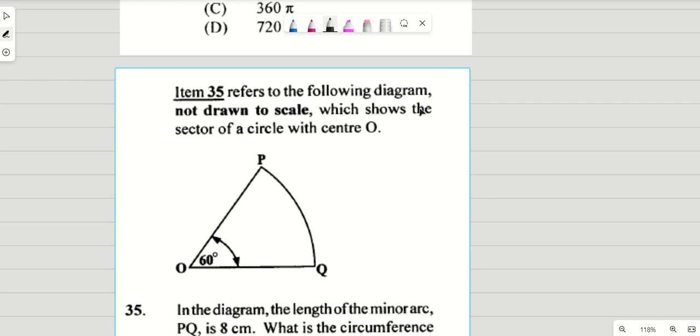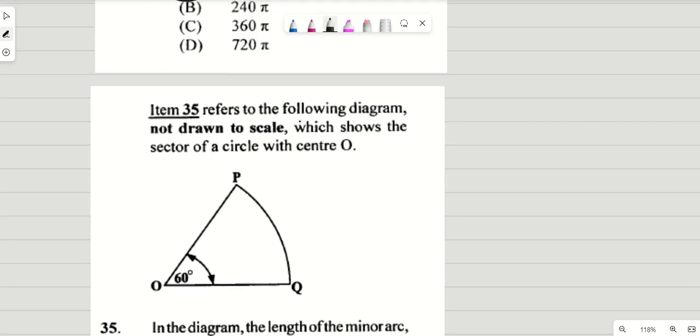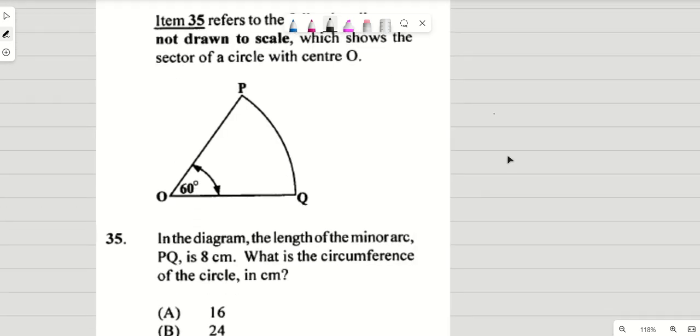Item 35 refers to the following diagram, not drawn to scale, which shows the sector of a circle. In the diagram, the length of the minor arc PQ is 8 centimeters. What is the circumference of the circle in centimeters? First off, if they're asking for circumference, that is 360 degrees.